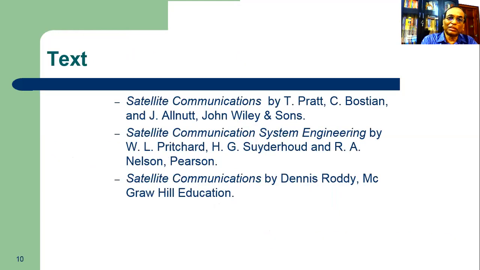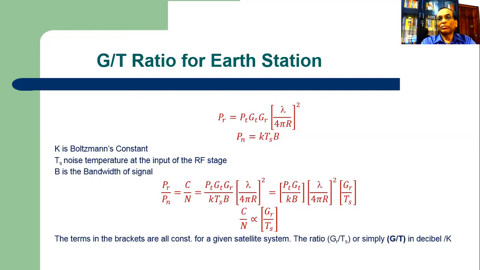This G by T ratio is very much important for the judgment of the quality of the station: the gain of the receiving antenna and the noise temperature. These two are the most important factors which will qualify an earth station and judge how good it is compared to others. So the G by T factor is very important.